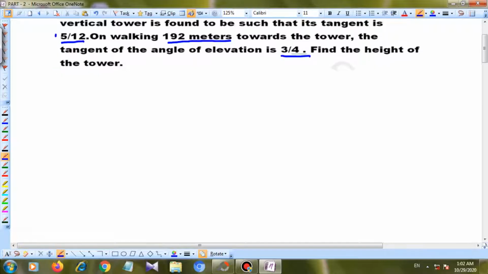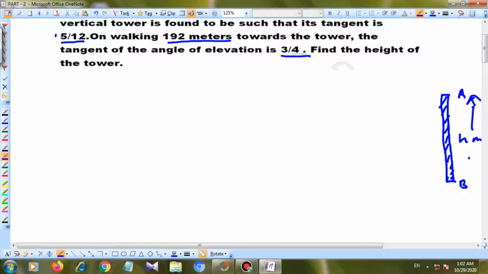So first of all, the diagram will be: suppose this is our tower. Let AB be an h meter high tower.